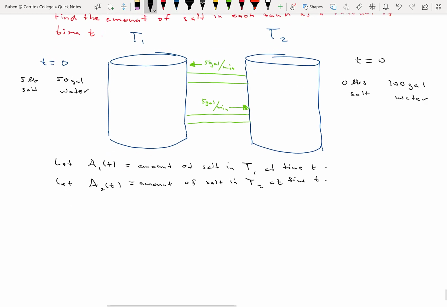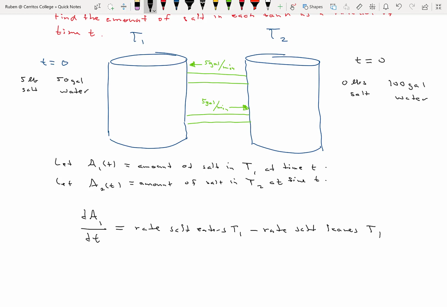Let's compute the rate of change of the amount of salt in tank 1. That would be dA1 over dt. So the rate at which the amount of salt in tank 1 is changing is just, as before, the rate salt enters tank 1 minus the rate salt leaves tank 1.